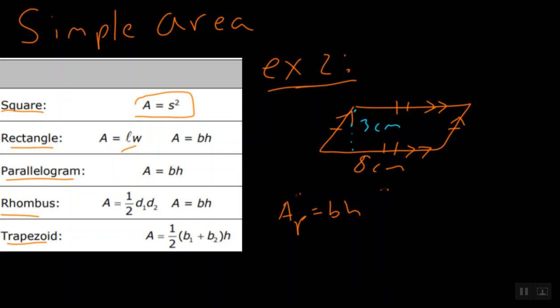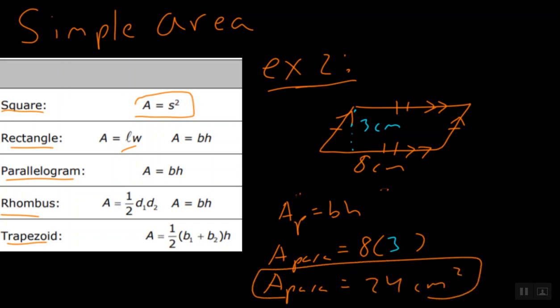Well, the area of our parallelogram will be the base, 8, times the height, which I have here in blue, 3, and we could say that the area of our parallelogram would be 24 centimeters squared. Remember, anytime you're using area, any type of area, your units will always be squared.